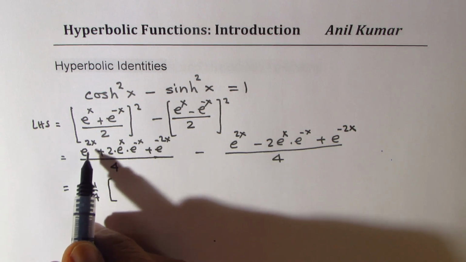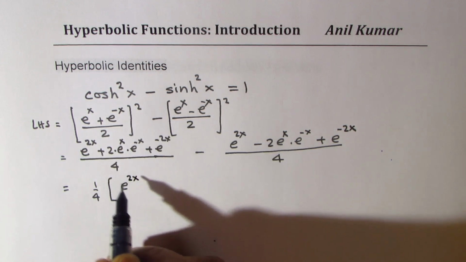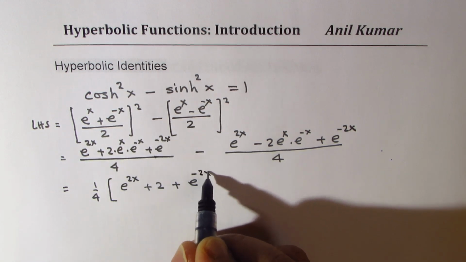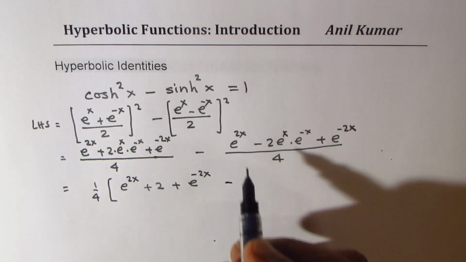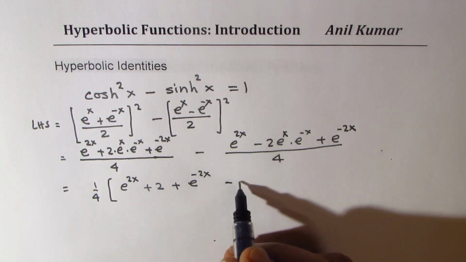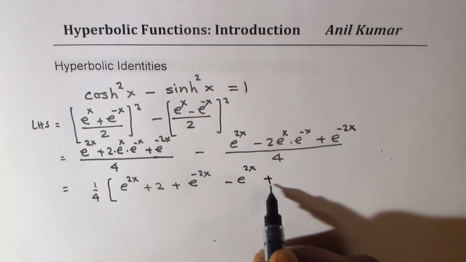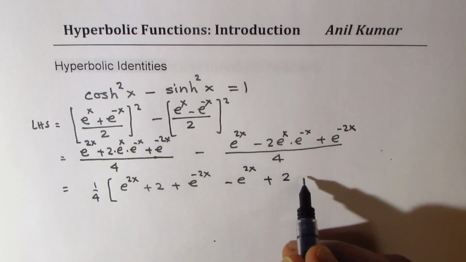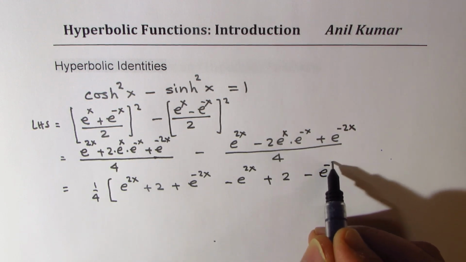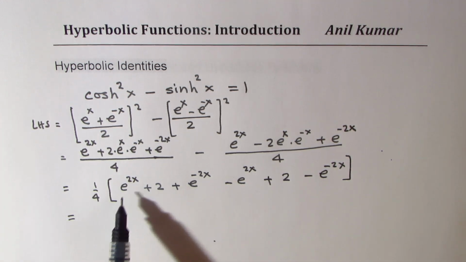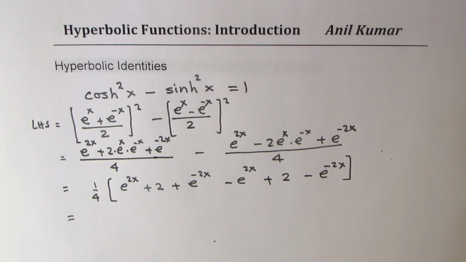So, we can write this as e to the power of 2x plus 2 plus e to the power of minus 2x. And on this side, we have negative e to the power of 2x. That negative makes it positive 2. And here we get negative e to the power of minus 2x. So clearly, e to the power of 2x cancels with this term, and the other term also cancels, right?